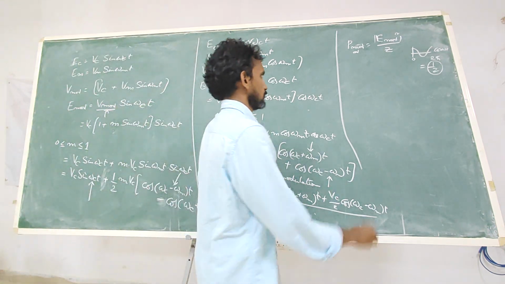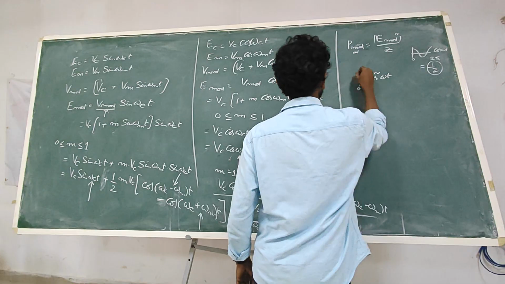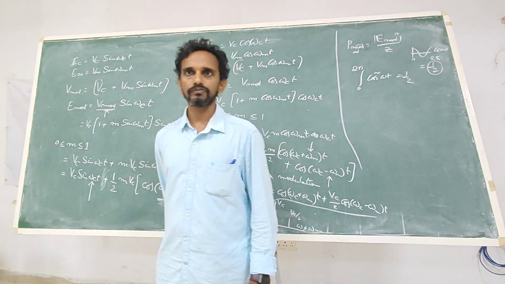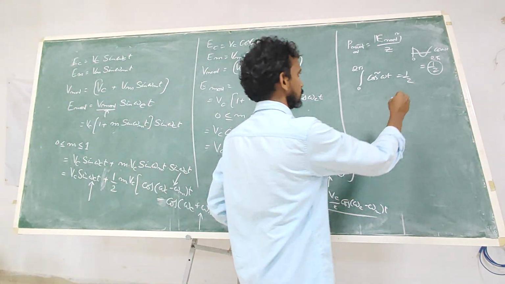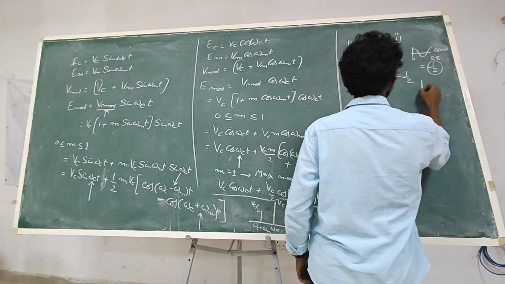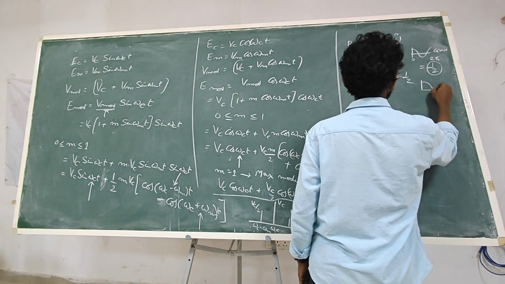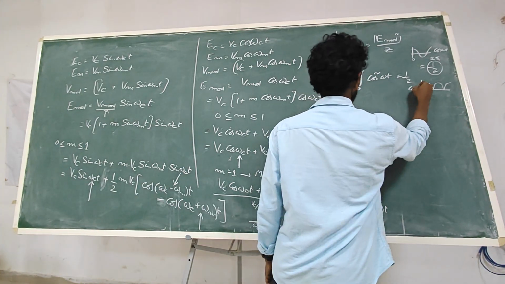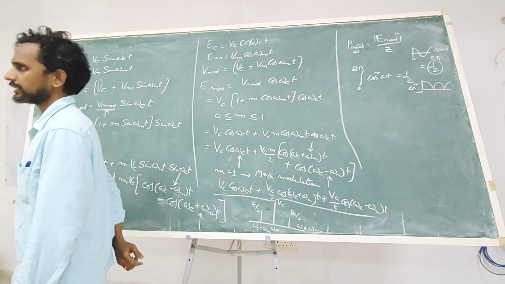If you integrate cos square omega t from 0 to 2 pi, you get 1 by 2. Cosine square function means everything will be in the positive quadrant, so if you take the average over it, you will get half.